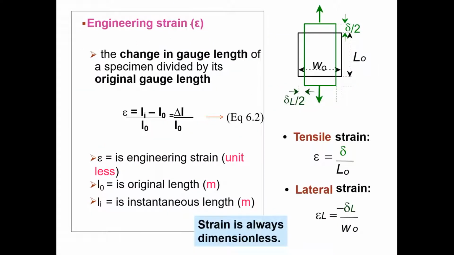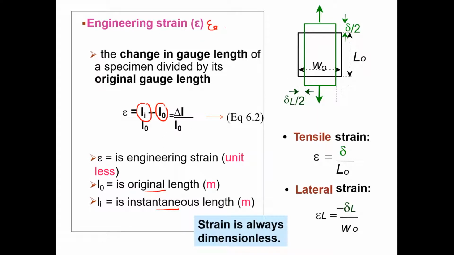Well, let us look at the engineering strain formula. This is your strain, which is epsilon. What is strain? Strain is the change in the gauge length of a specimen divided by its original gauge length. Li refers to your instantaneous length, and L naught is the original length of the specimen.